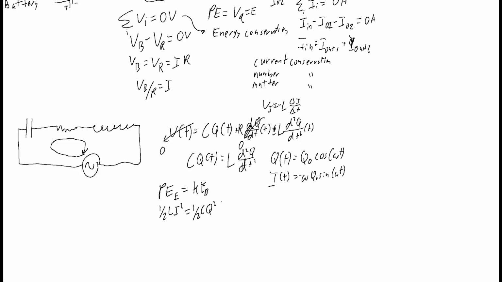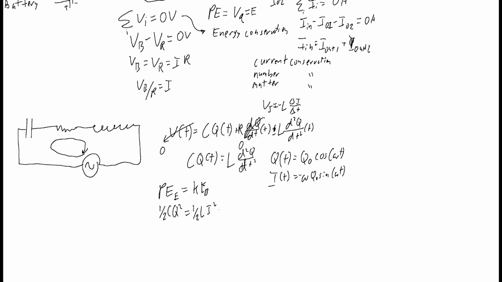Like so. And if you took a mechanics course, it would become very obvious that this was actually a spring, 1/2 kx squared. Sorry, I went backwards. My apologies. Let me put it the other way around. So potential energy of the E field with 1/2 CQ squared, and on this side we have 1/2 L I squared.